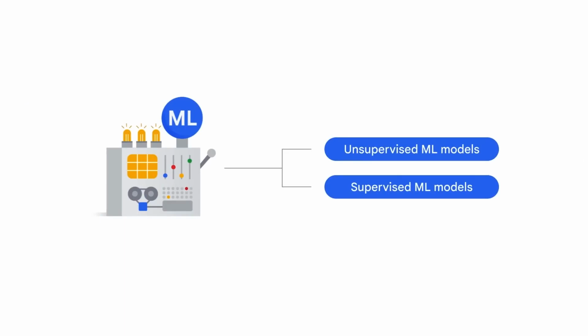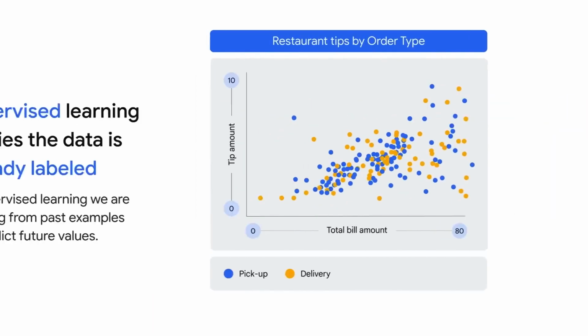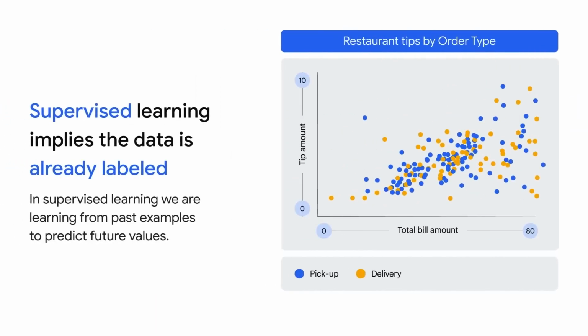The key difference between the two is that with supervised models, we have labels. Labeled data is data that comes with a tag, like a name, a type, or a number. Unlabeled data is data that comes with no tag. This graph is an example of the sort of problem that a supervised model might try to solve. For example, let's say you are the owner of a restaurant.